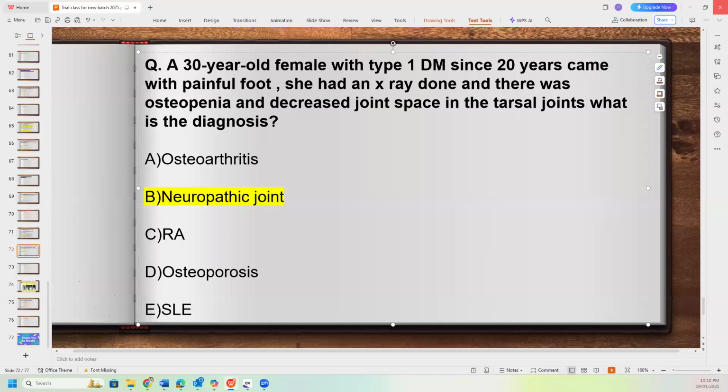Whereas rheumatoid arthritis at least needs symmetrical involvement of the joints, right? But in neuropathic joint or Charcot joint, you have osteoporosis, osteopenia, decreased joint space in the tarsal joints because of an autoimmune disease like type 1 diabetes.